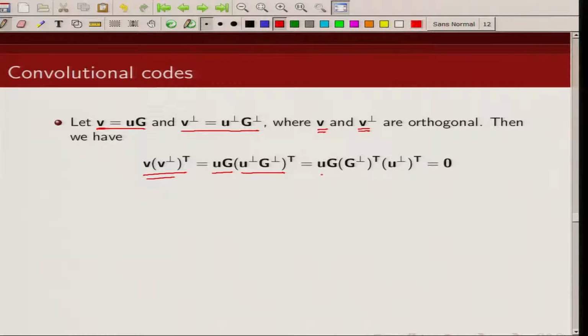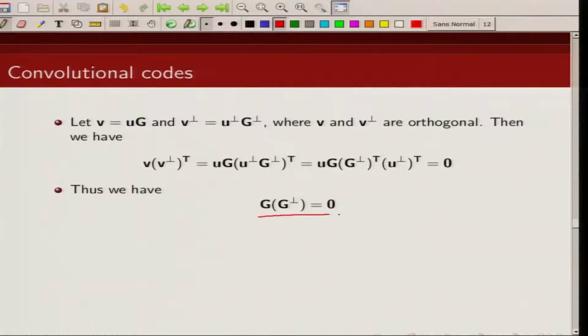So, this we can write as u G G dual transpose u dual transpose. Now, this term will be 0 only if G G dual transpose is 0 for all u, and hence we get this condition that this should be 0.